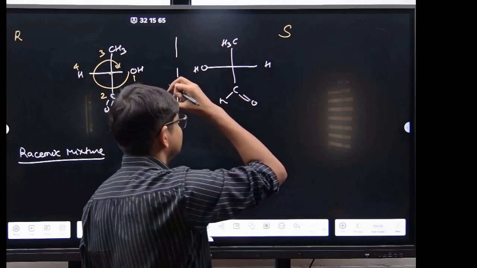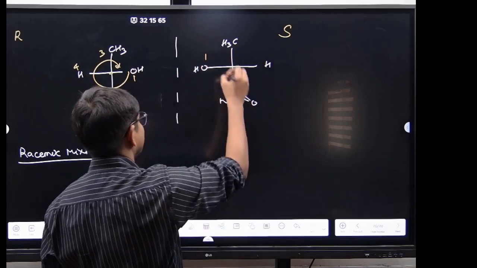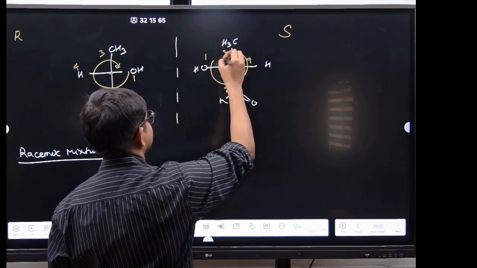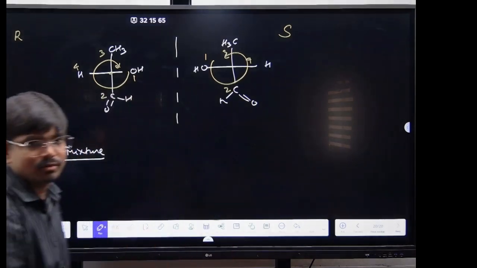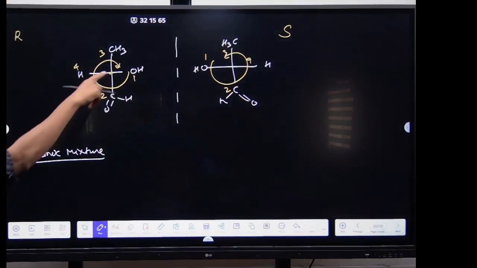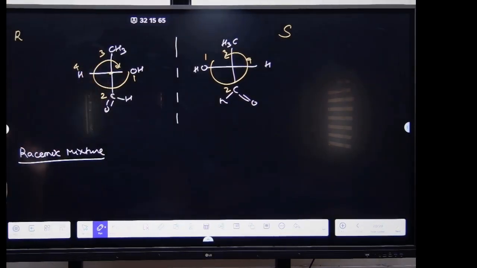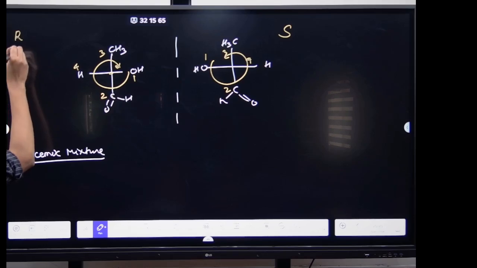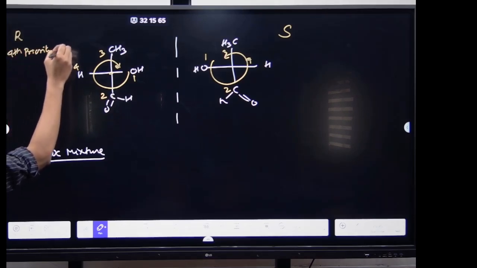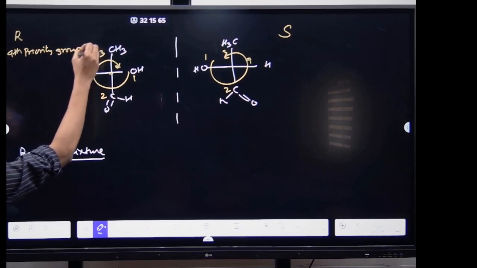For example, see here, here there is 1, 2, 3, 4, right? So 1, 2, 3 will basically look anticlockwise. But the problem here is that I have to write R, right? Where is the fourth priority group? The fourth priority group is at the horizontal position, right?